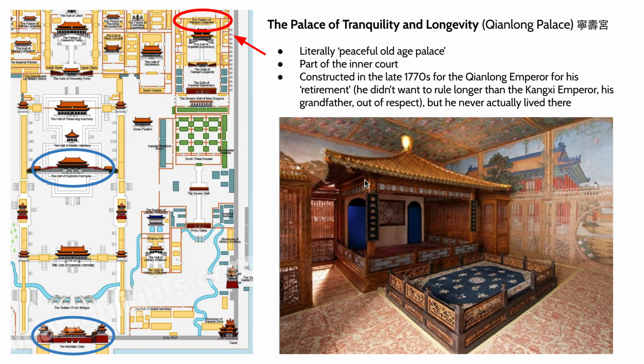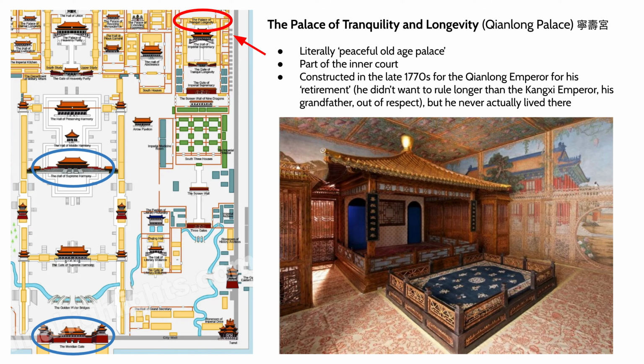We also have this additional structure that the AP curriculum wants you to know, and that's called the Palace of Tranquility and Longevity. The name in Chinese literally translates to Peaceful Old Age Palace. So think of it as a fancy retirement center. This is part of the inner court of the city. This is, again, the private residences and where the day-to-day executive stuff happens.